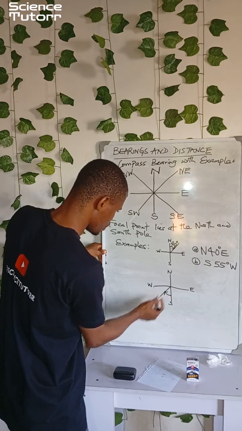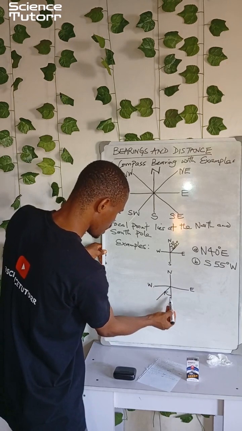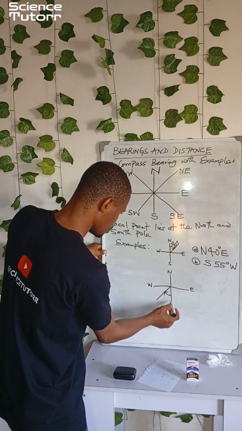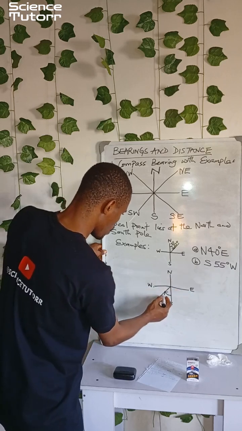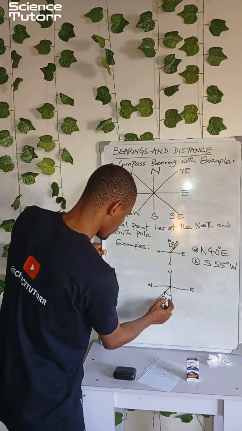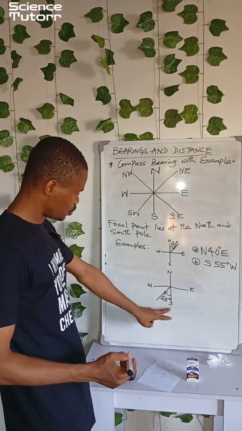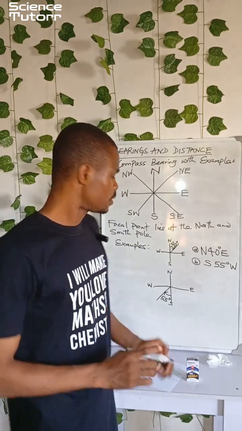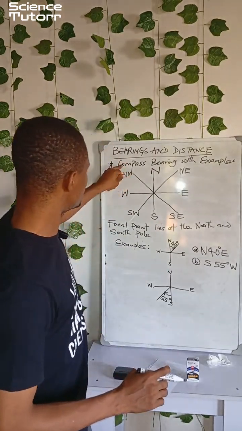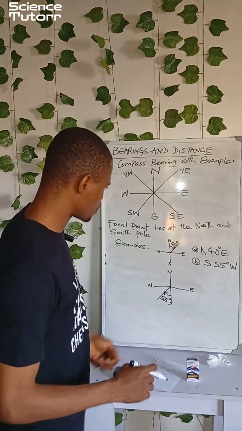This is my arrow, southwest. The arrow is not from here, it has to be from the cardinal, which is at south. So southwest, and then we have our angle 55 degrees. This is how south 55-degree west can be drawn. These are all with respect to compass bearing. These are examples of compass bearing.